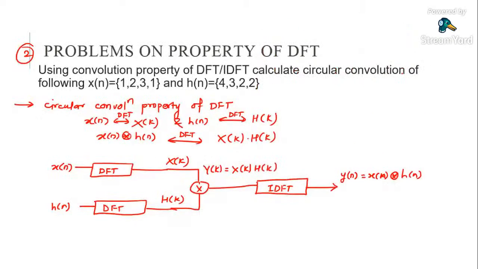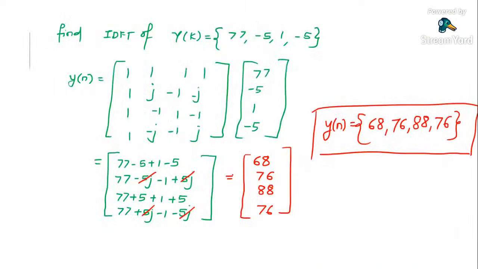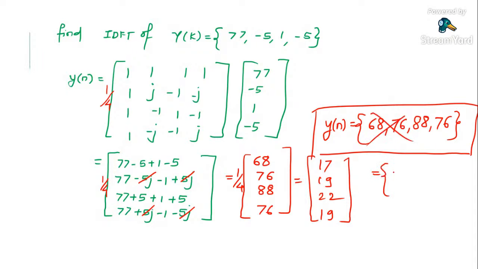One more thing: it must be multiplied by 1 by 4, because of the inverse. So the answer you will get is 1 by 4 times 17, 19, 22 and 19. So the answer is 17, 19, 22, 19.